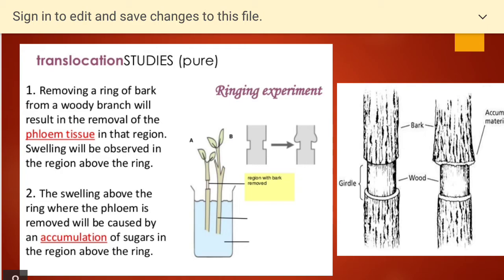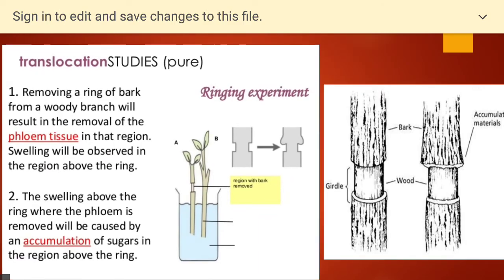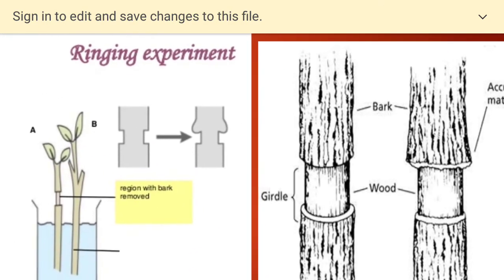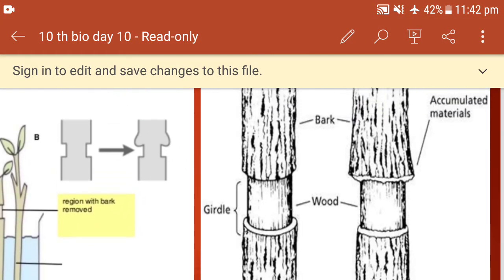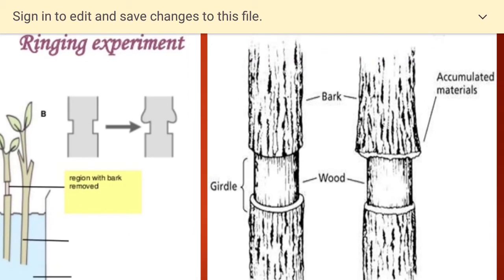Once it reaches the part where the phloem ends, it swells there, showing growth, and further growth in the lower portion does not take place. As you can observe in these two slides, the arrow is there. The accumulated food material is causing the thickening of the stem.